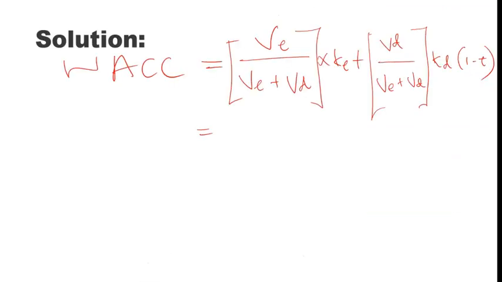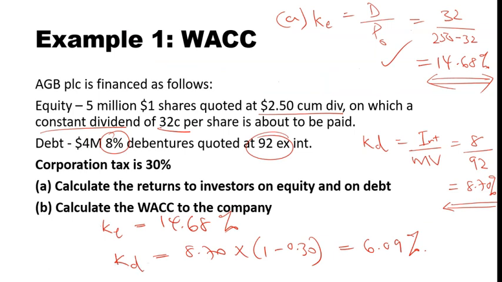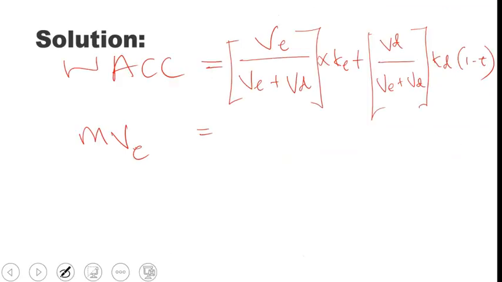Now, market value of equity. Remember, this P0 was 250 minus 32, that's $2.18.